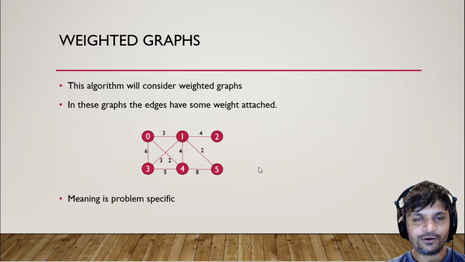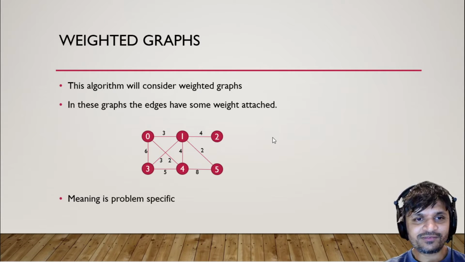Now, probably the question going through your head right now is, well, what does that weight mean? Well, that actually depends on the problem. It's possible for this weight to be some concept of a cost. You could say maybe getting from 0 to 1 costs 3. On the other hand, it might be a reward. You might say if I go from 0 to 1, I get a reward of 3.